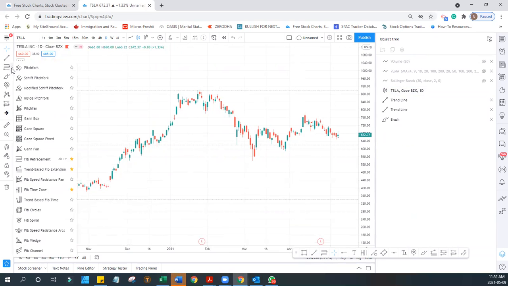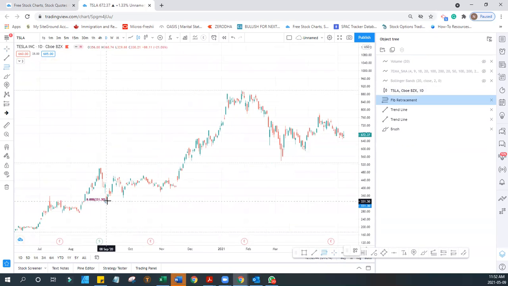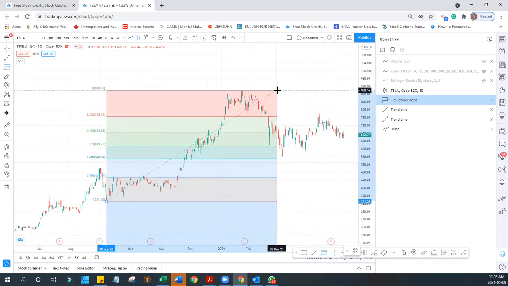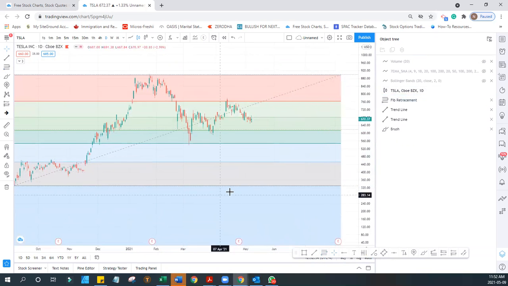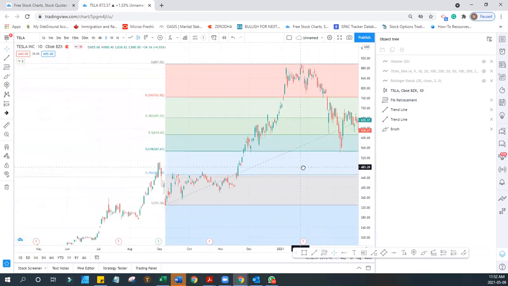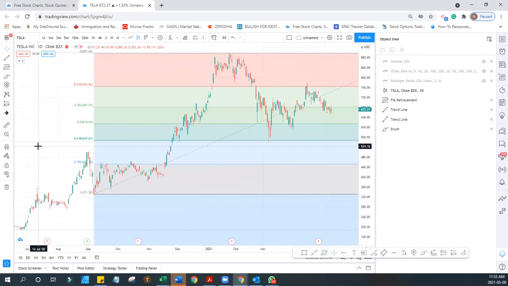Go for the Fib retracement, click here, this is the low, and go to the high, then adjust it a little bit. Whenever you see these areas, 0.23, 0.38, 0.5, 0.68 or 0.78, they will work as good support or resistance levels.